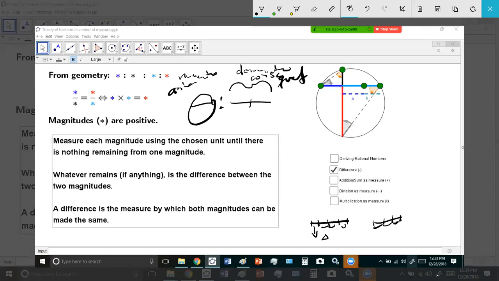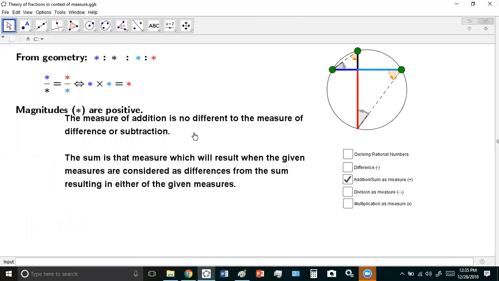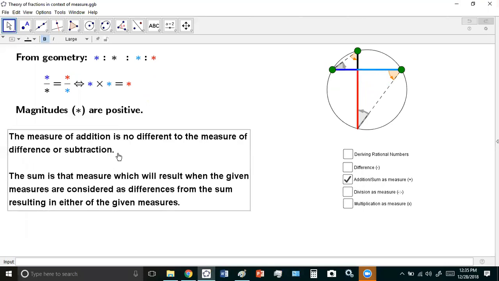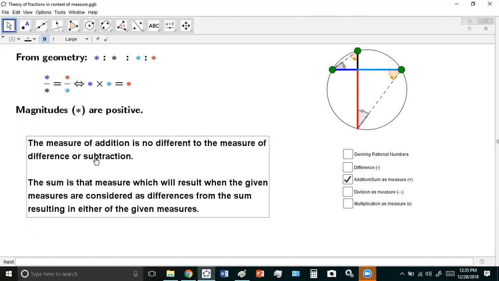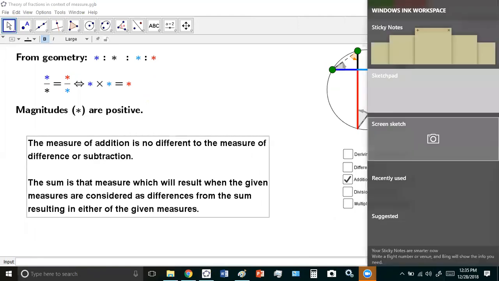Which is just 1 unit, right? Similarly, all the measures, the arithmetic measures, are in terms of difference. So for example, the measure of addition is no different to the measure of difference or subtraction, because the sum is that measure which will result when the given measures are considered as differences from the sum resulting in either of the given measures. So what does that mean? Okay, very simply this.